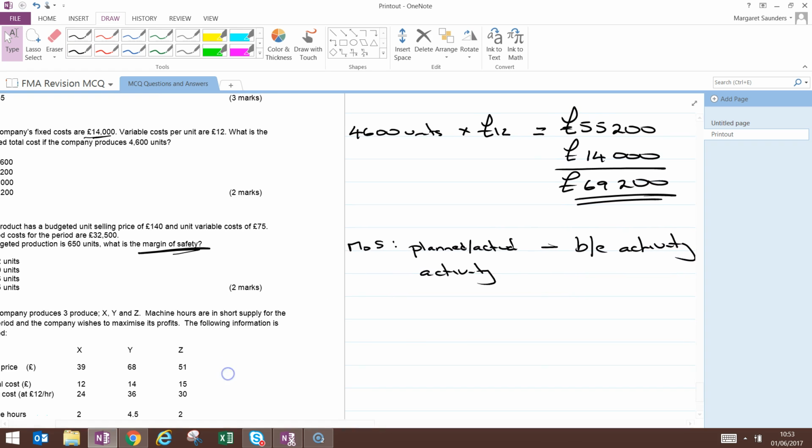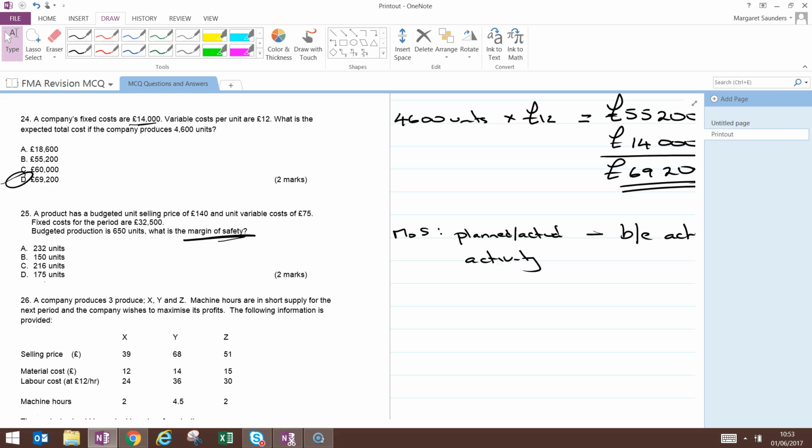So let's look at the question, pick out the information we've been given. So budgeted, so remember budget is a plan, so our planned activity 650. What's our break-even activity? We haven't been told, but we've been given enough information to calculate it.